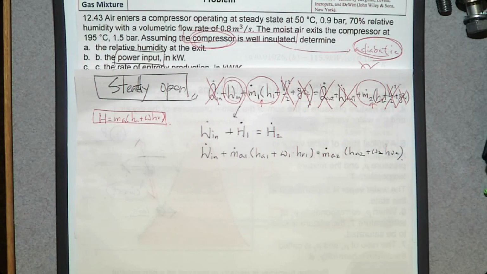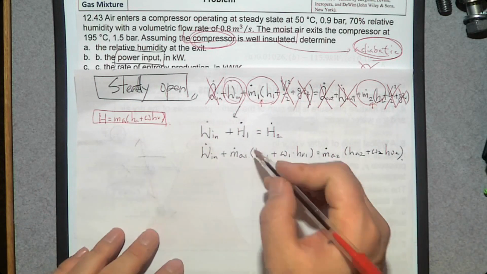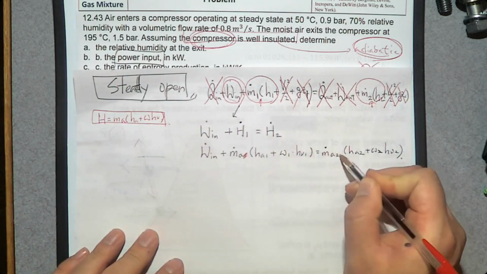No. So the amount of air should be constant between the inlet and the exit. The amount of water vapor should also be constant between the inlet and the exit. So that means m dot A1 should be the same as m dot A2, so I'm going to remove the subscripts 1 and 2.